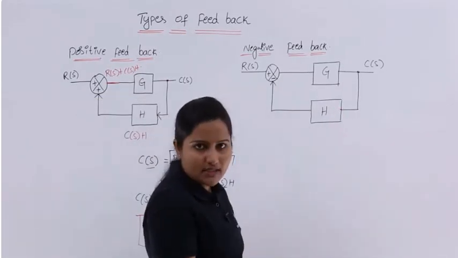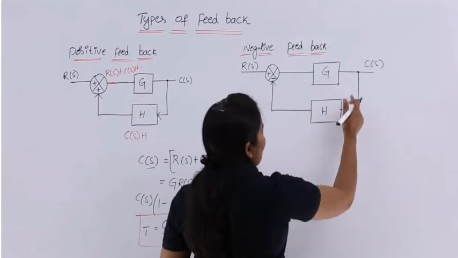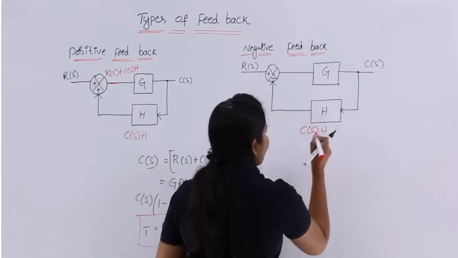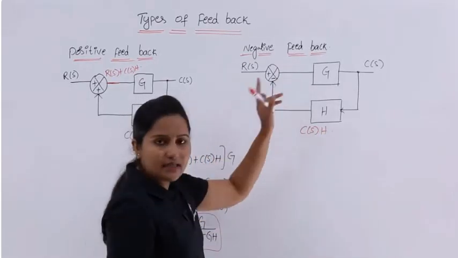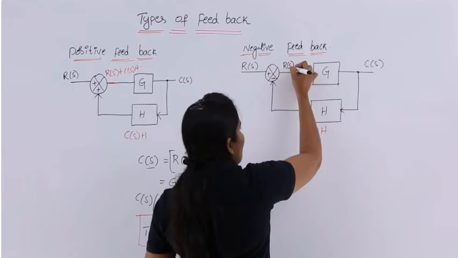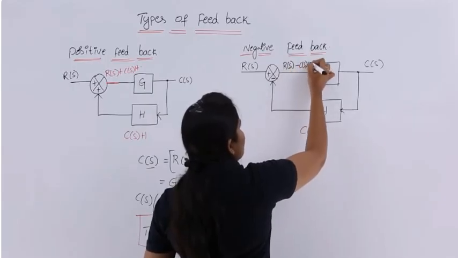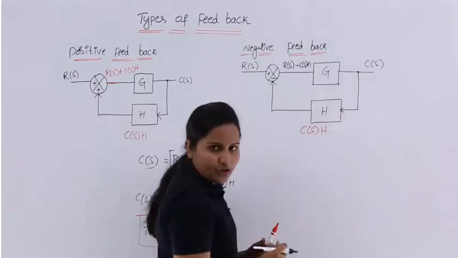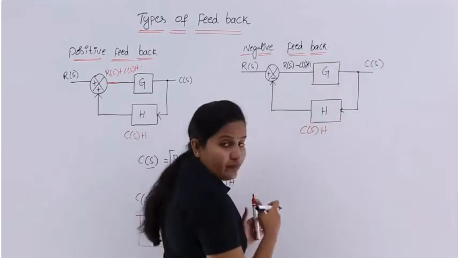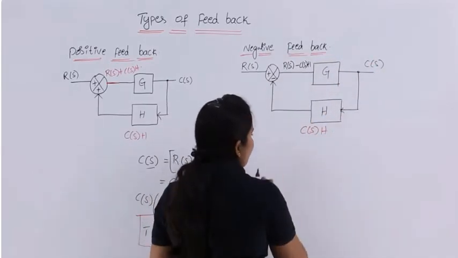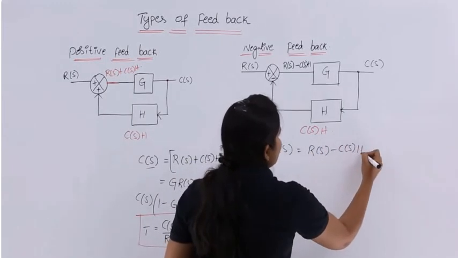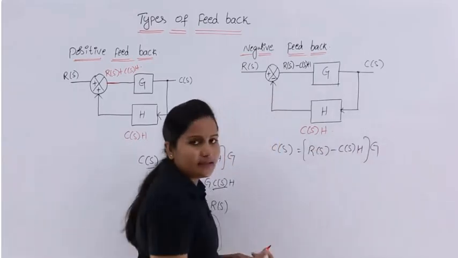Coming to the negative feedback control system, here also the value of this line is C(S) into H, but we are subtracting this value from the reference signal R(S). So the resultant signal here is R(S) minus C(S) into H. After getting this value, what is the value of C(S) now? C(S) is equivalent to R(S) minus C(S) into H, into G. We need to multiply by that gain this time.